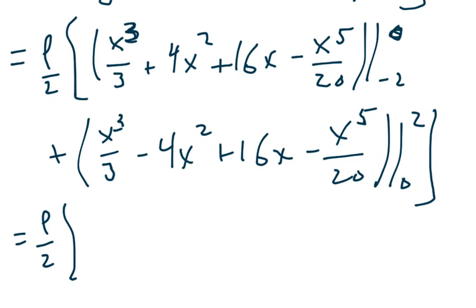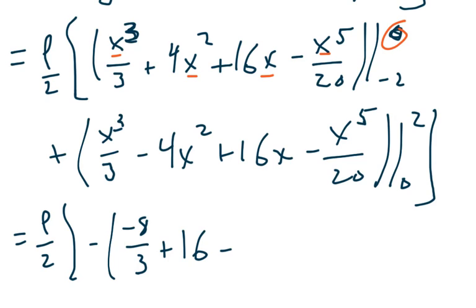So everything for the 0 term is going to be 0 here, right? Because they have an x and x and x and x. So what we're going to get is minus 2 to the 3rd, which is again minus 8 over 3, plus 4 times 4 is 16, minus 16 times 2 is 32, minus, well, negative 2 to the 5th is going to be negative 32, over 20.